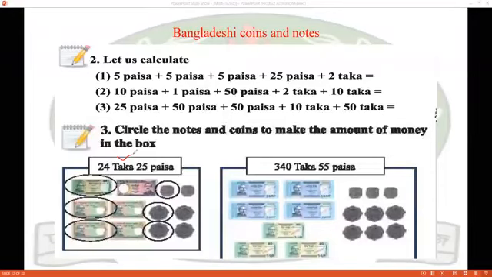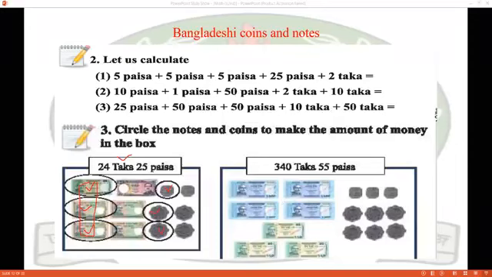So 24 taka: he selects here 20 taka, 1 20 taka note, and 2 taka notes. So there is 24 taka, and there is 5 paisa, 10 paisa, 10 paisa, so there is 25 paisa. Here 340 taka and 55 paisa. How can you choose each?